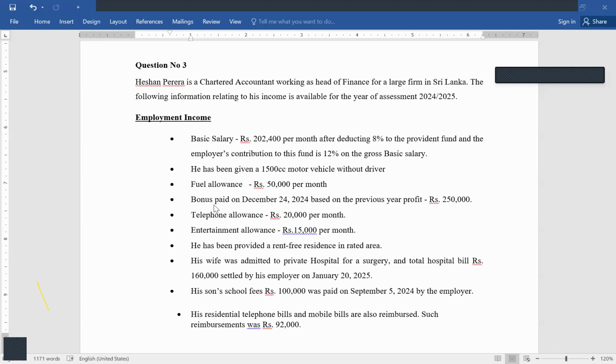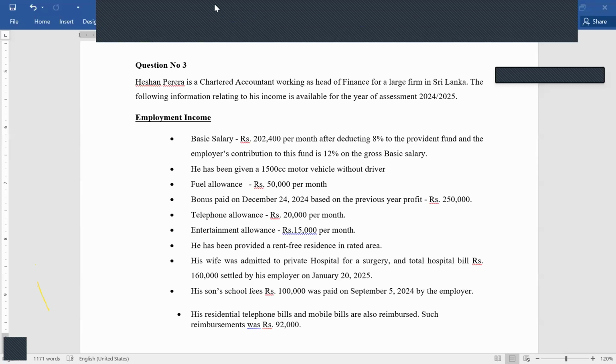The next one, bonus paid on December 24th, 2024, based on the previous year profit, 250. So, should we consider that 250 or not? Is it a part of the assessable income or not?